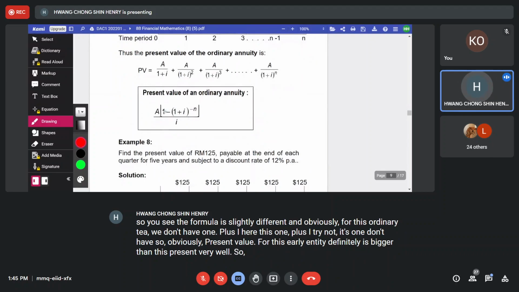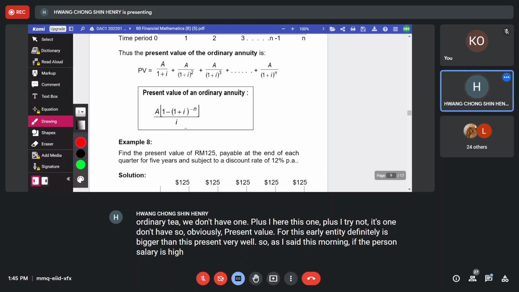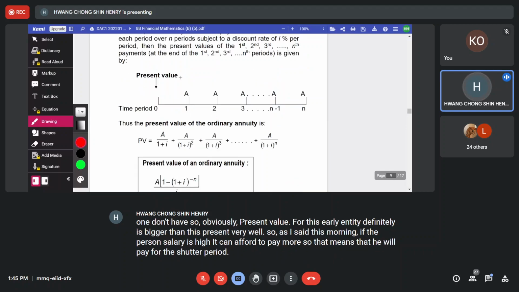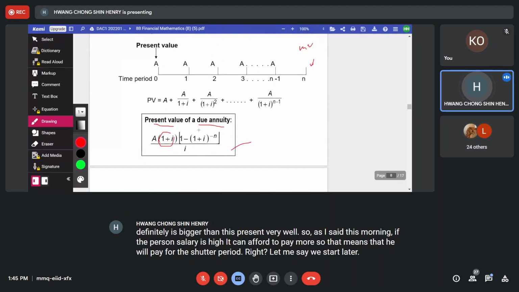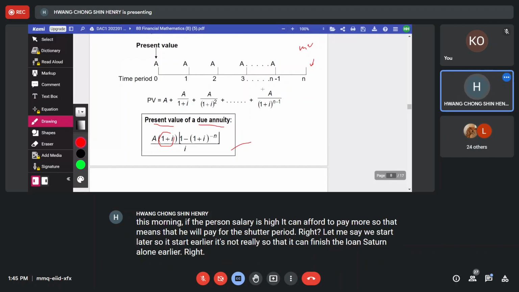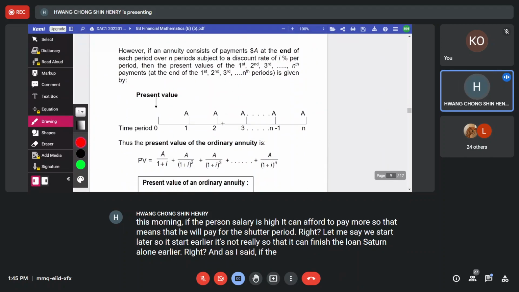As I said this morning, if the person's salary is high, he can afford to pay more. So that means he will pay for a shorter period. That means he will start early, so that he can settle the loan earlier. And if the person starts paying late, he will end up late.